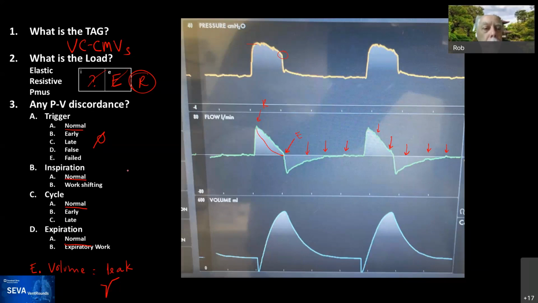Makes sense. So just to summarize, and this is how I like to think about this at the bedside. Let's translate this to the bedside. You have a patient on volume control, with no evidence of patient activity, with increased resistance and presence of an air leak.